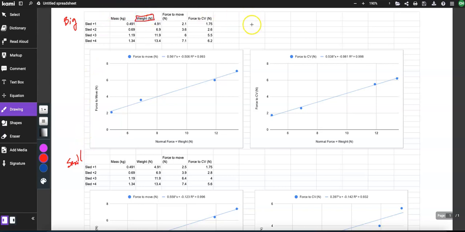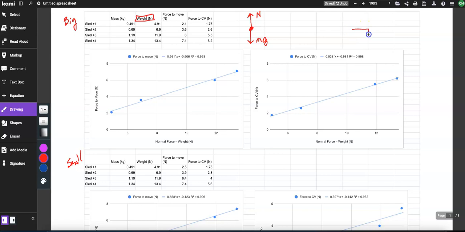So what I'm going to do is, if you had your block and I make a dot for it, pointing straight down would be the weight. So that's mass times gravity for your block. And then straight up, equal and opposite, would be your normal force.